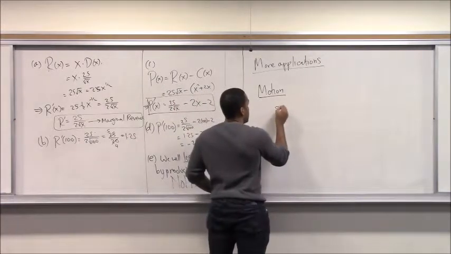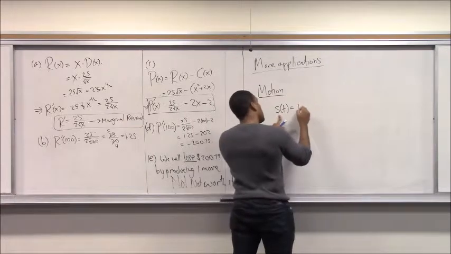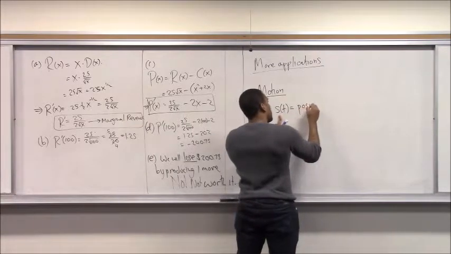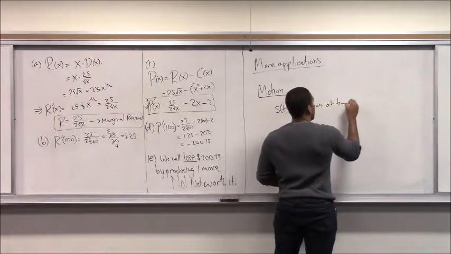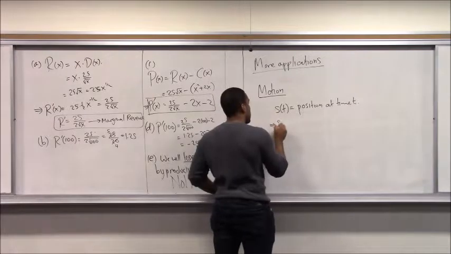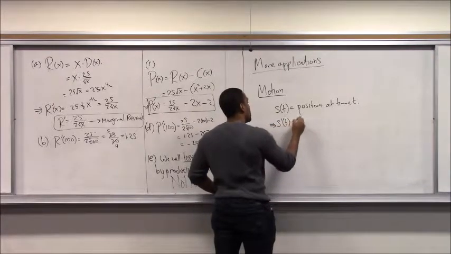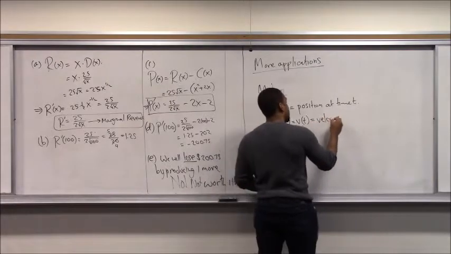So what you should know is that s of t, let's say you have some function, usually called s, that gives you your current position at time t. And if you were to take the derivative of the position function, this actually gives you the velocity function. It tells you how fast that object is moving.